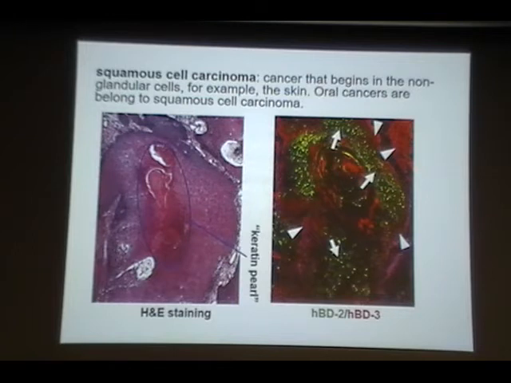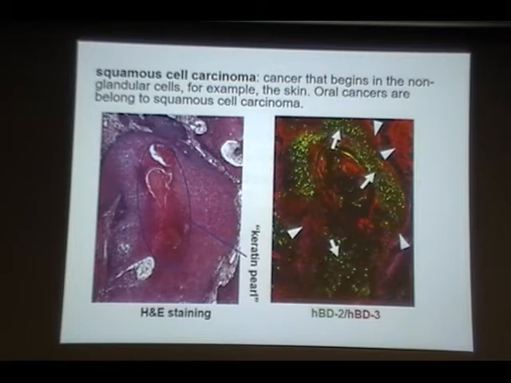Since they don't have enough oxygen and nutrients, they don't have any blood supply, they will die and undergo necrosis. They become like dead cells. And because those are epithelial cells, when they die, they will produce keratins. So this is called a keratin pearl. Whenever you see this structure, it is a very clear indication of cancer.